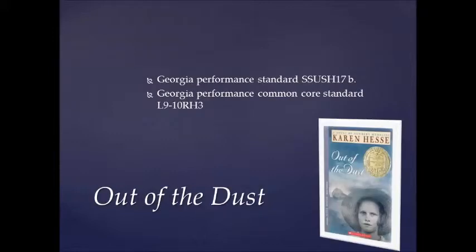The section of Hesse's work that I chose for my students is entitled The Path of Our Sorrow. I chose this particular section because I wanted to teach my students the Georgia Performance Standard SSUSH17B, which calls for explaining the factors that led to the Dust Bowl, and the Georgia Performance Common Standard L9-10RH3, which calls for students to analyze in detail a series of events described in a text and to determine whether earlier events caused later ones or only came before them.